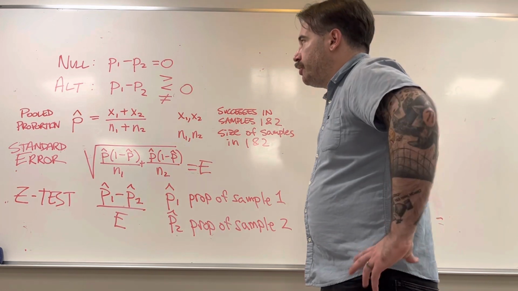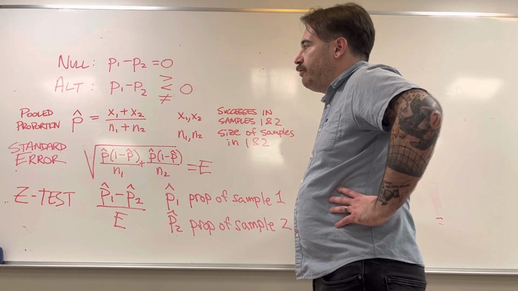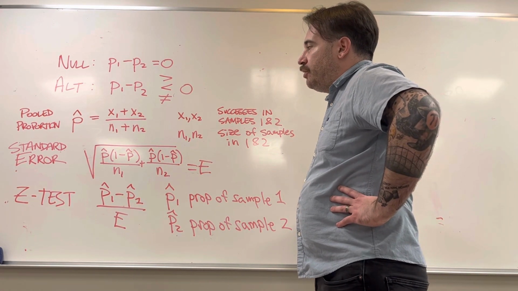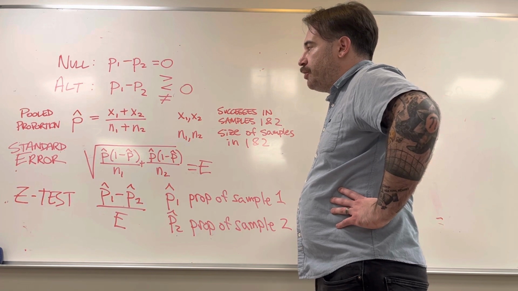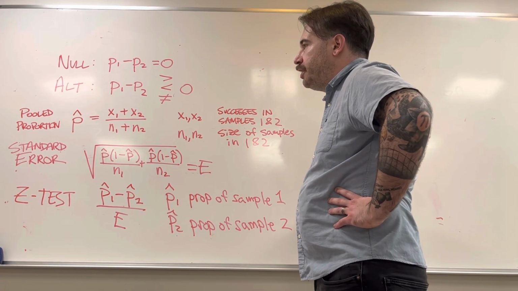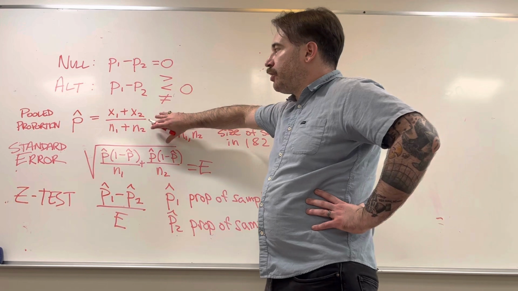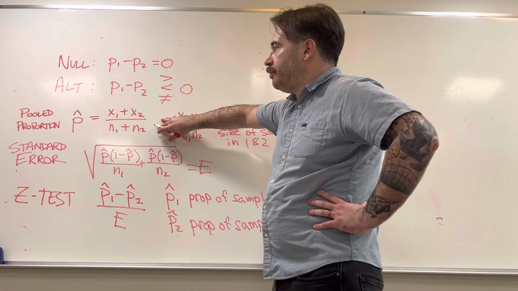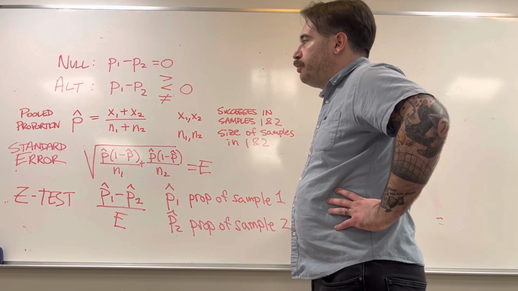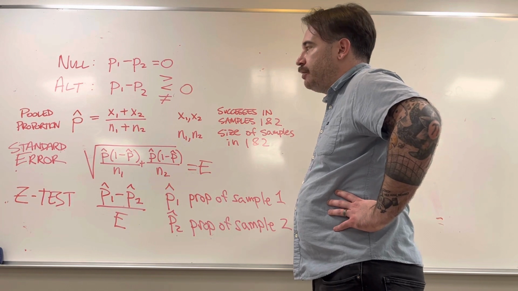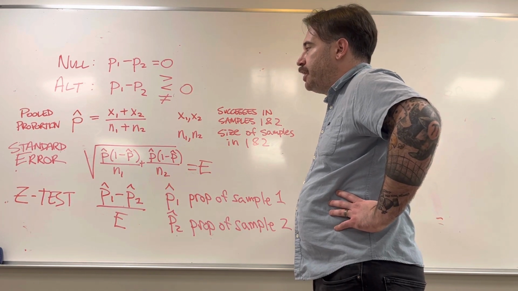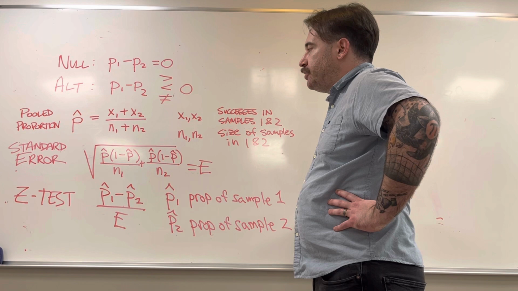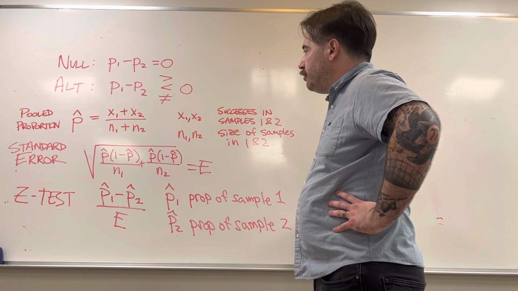Okay, so we're given 2 different samples, and we have to calculate a few numbers in order to make sense of them. The first number that we need to calculate is called the pooled proportion. So the pooled proportion, p hat, that little caret on top of it, is equal to x1 plus x2 over n1 plus n2.